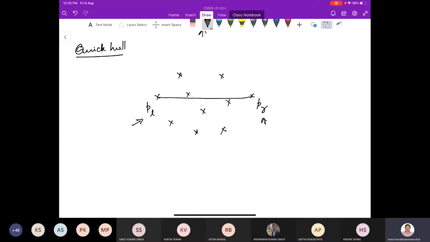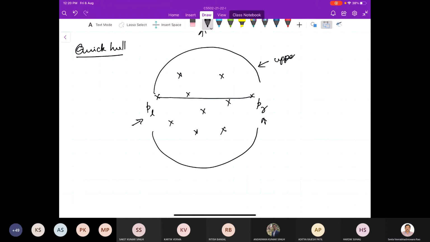There's no issue. Now, if you take the line segment passing through these two points, then there will be one part of the convex hull above this line and one part below it. This is what is called the upper hull and lower hull.